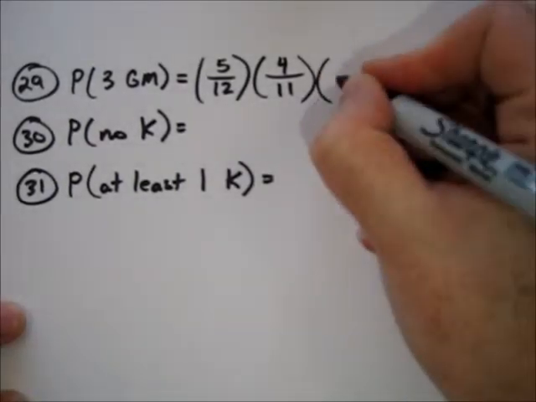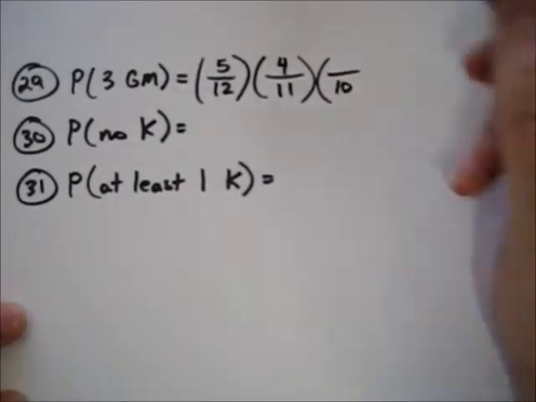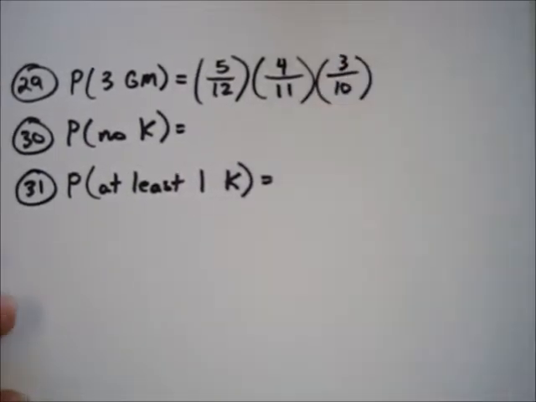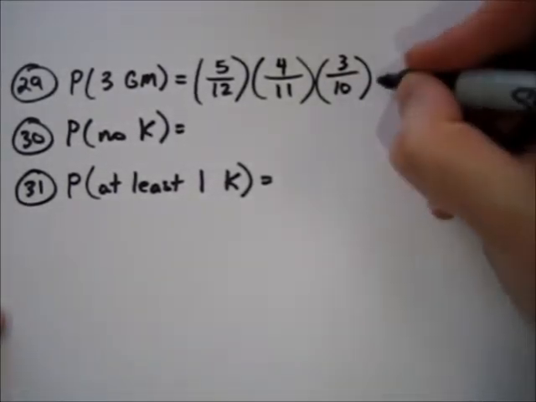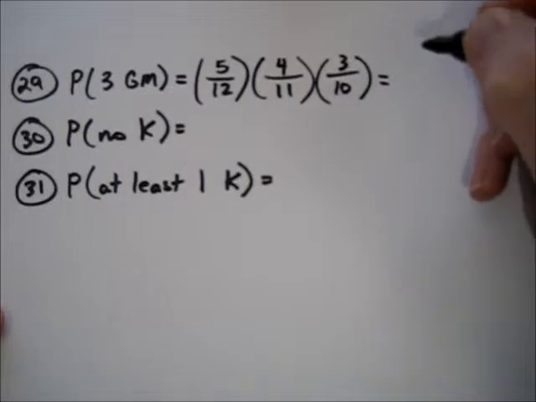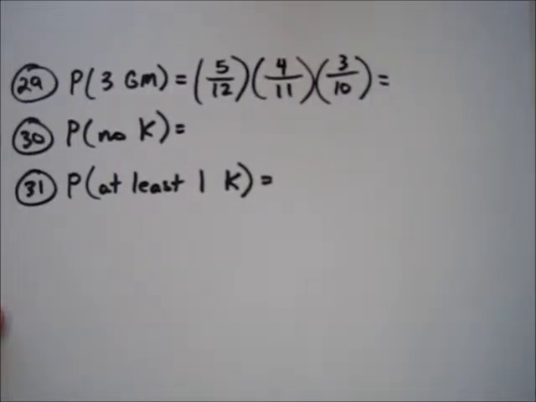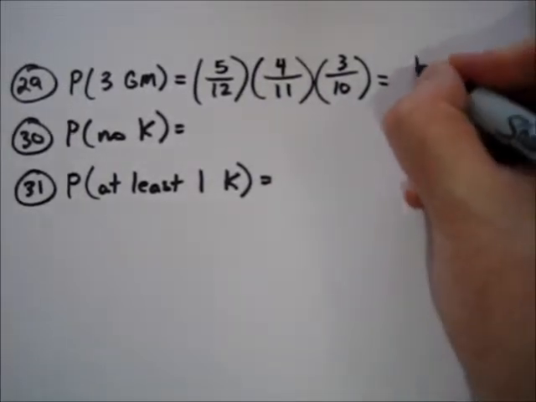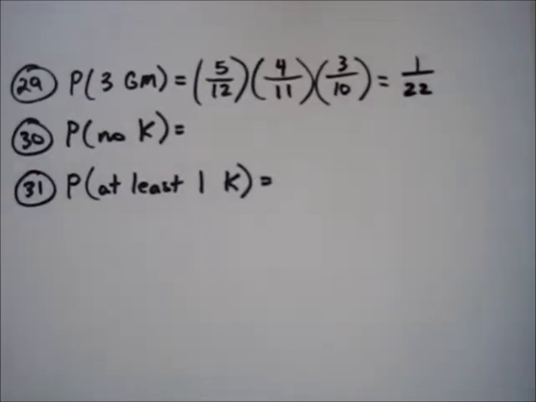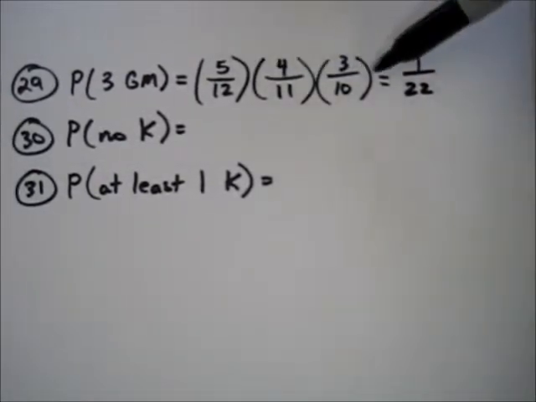And then lastly, for the third box, there are now 10 choices, and 3 of those would be still General Mills. So we plug that into the calculator and reduce our fraction, and we end up with 1 over 22. And this is multiplication. Multiply these 3 fractions together and reduce, you get 1 over 22.